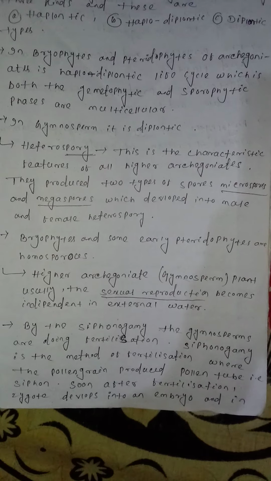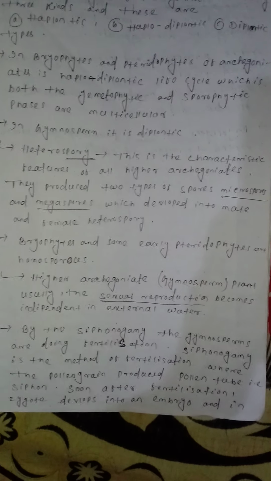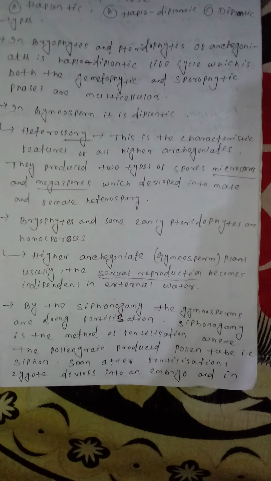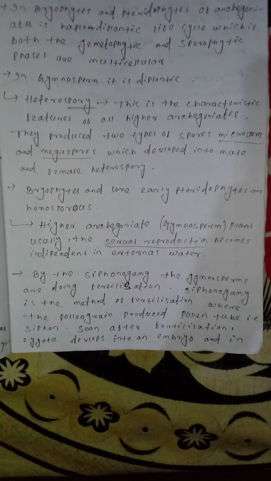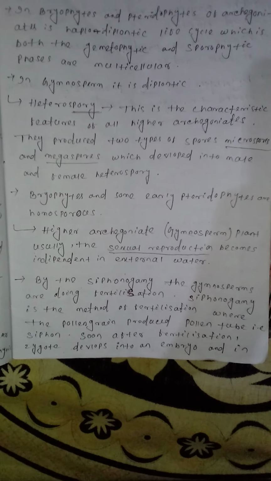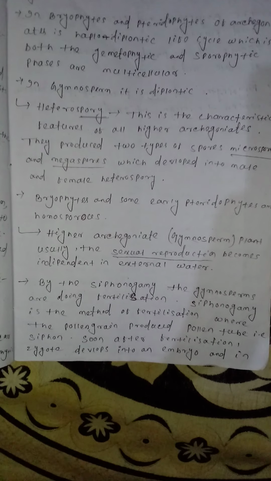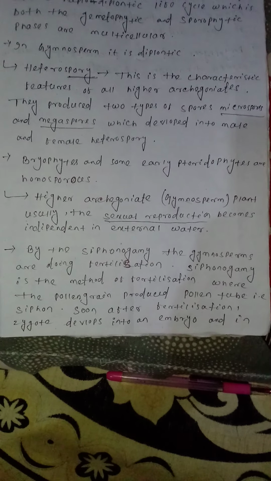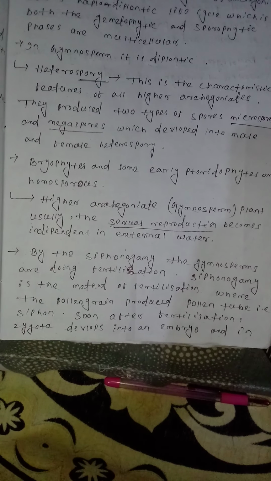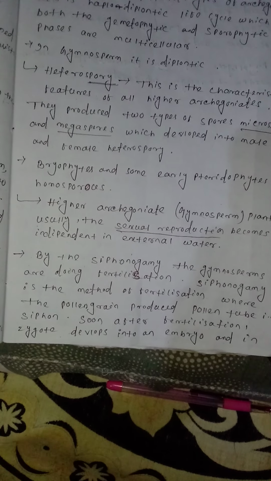This is also a probable short question in any type of exam: siphonogamy. By siphonogamy the gymnosperms carry out fertilization. Siphonogamy is the method of fertilization where the pollen grain produces a pollen tube, known as the siphon.